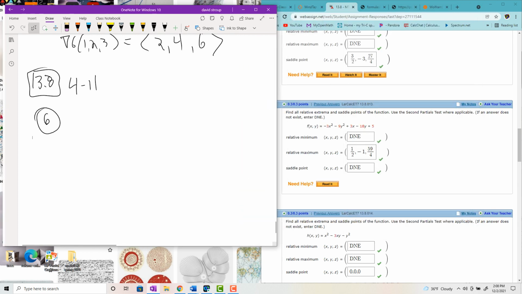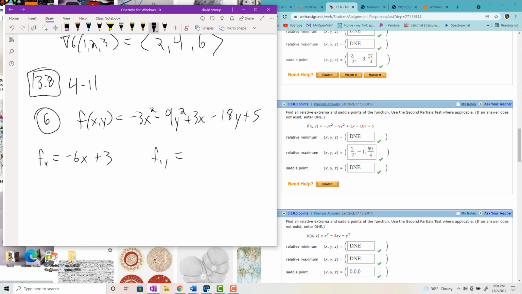I have f of x y equals negative 3x squared minus 9y squared plus 3x minus 18y plus 5. Get your partials. Fx is negative 6x plus 3.